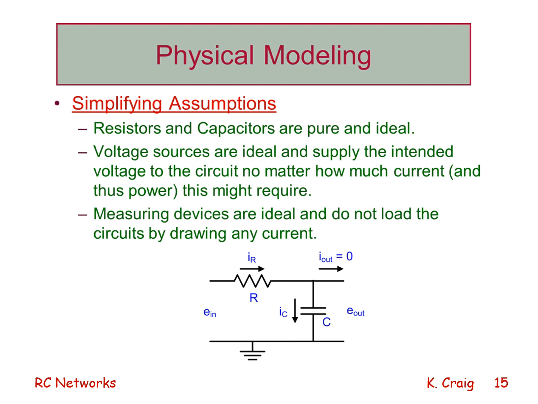So now I've reduced my physical system to this physical model where R and C are pure and ideal. E in is an ideal voltage source. E out is measured using an ideal measuring device because I assume that I out is equal to 0.